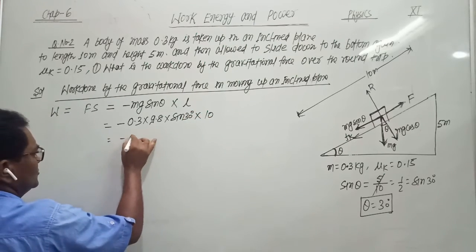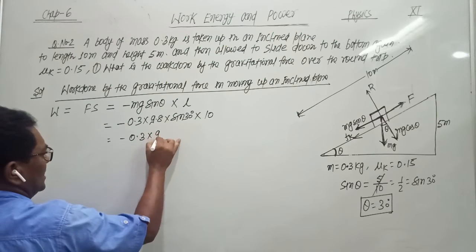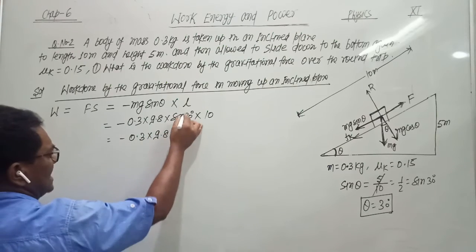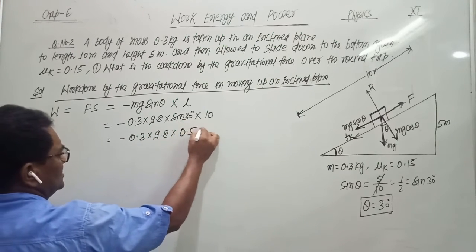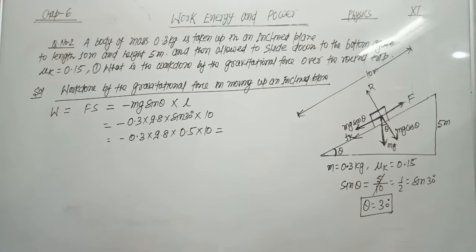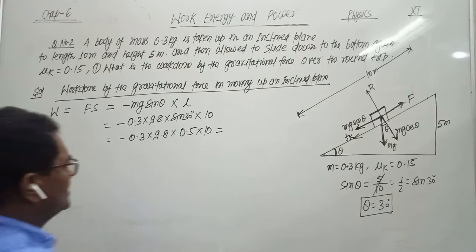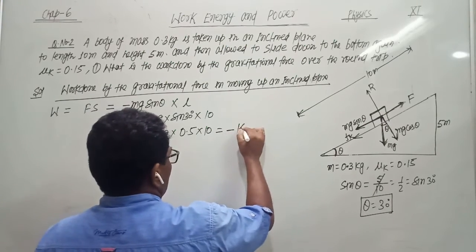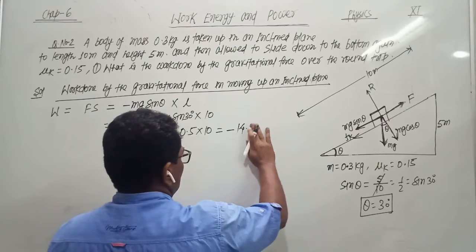So minus 0.3 into 9.8 into sin 30, which is 0.5, into 10. After solving all these values, we get minus 14.7 Joule.